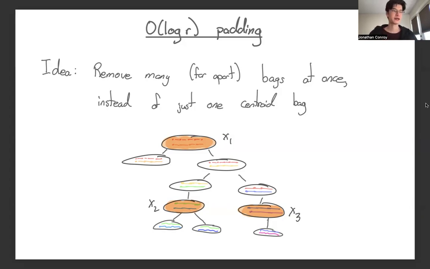Maybe some intuition is that any vertex in the original COP decomposition sees 2 to the R threatening skeletons, and in each round of the recursion, we're going to remove bags to halve the number of threatening skeletons that a vertex can see. So ultimately, we end up with some recursive algorithm that terminates after O of R rounds of the recursion.